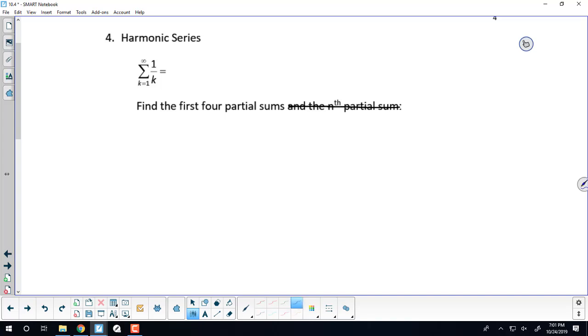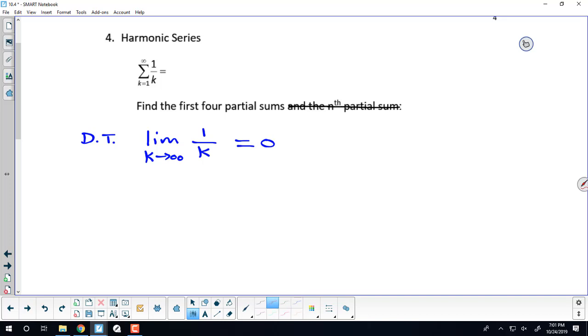But note here that the divergence test on the harmonic series, the limit as k approaches infinity of 1 over k, is equal to 0.